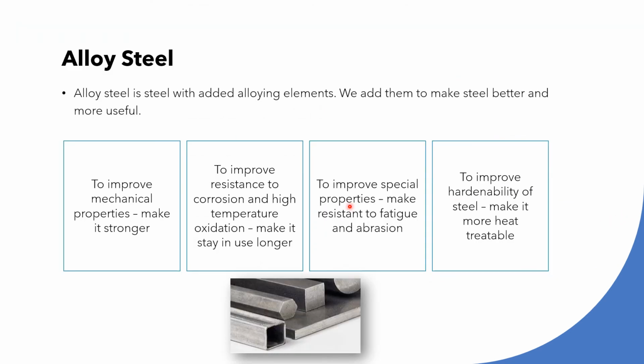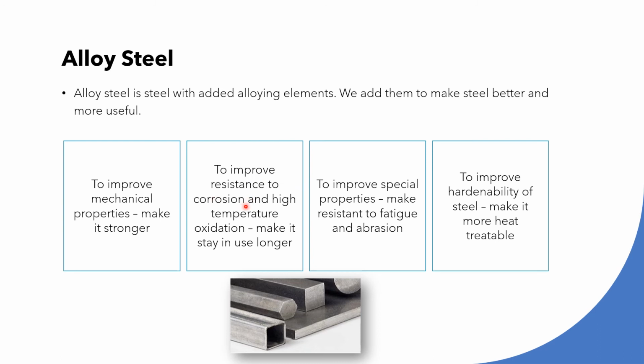Alloy steel. Alloy steel is steel with added alloying elements. We add them to make steel better and more useful. Why do we do that? We want to improve mechanical properties, meaning we're making it stronger.